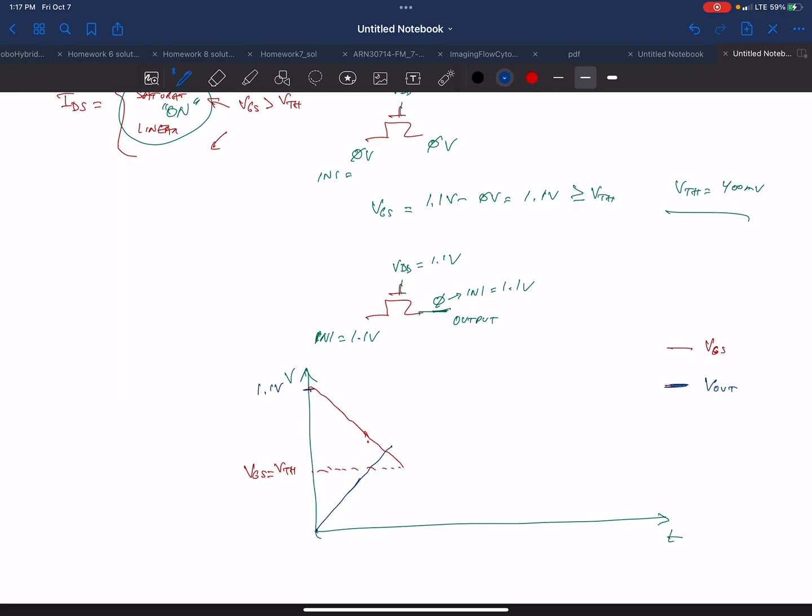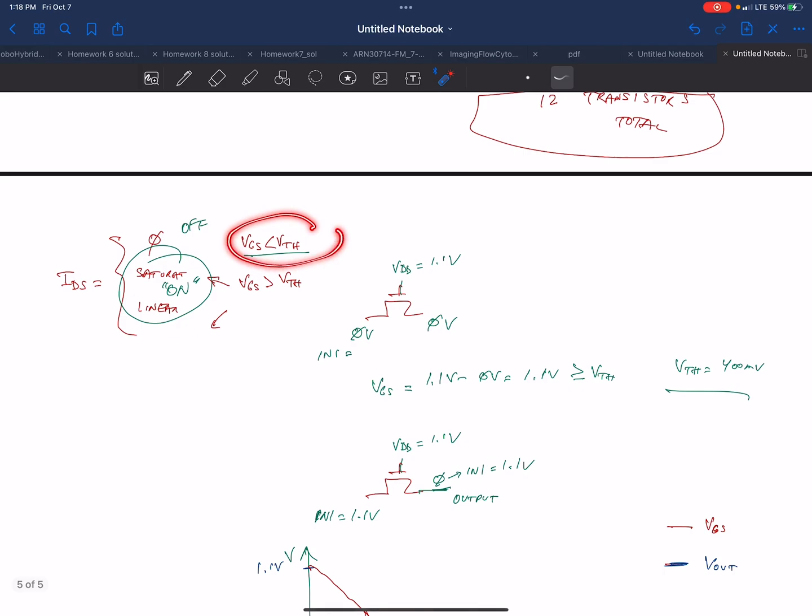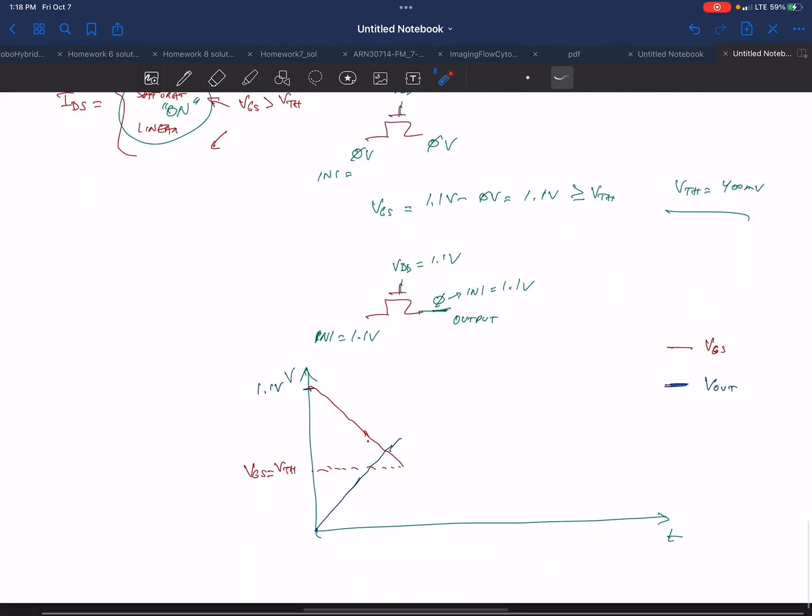And at that point, the transistor turns off. When V gate source goes to V threshold or less, the transistor turns off. So basically, you hold that value on your output.